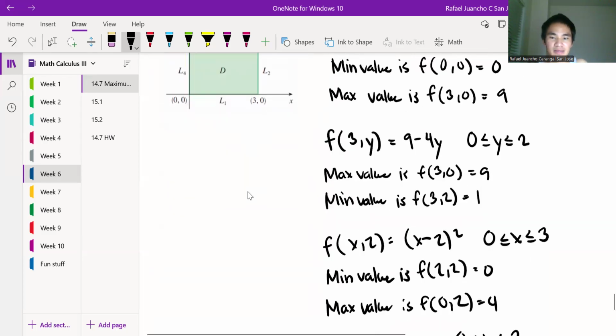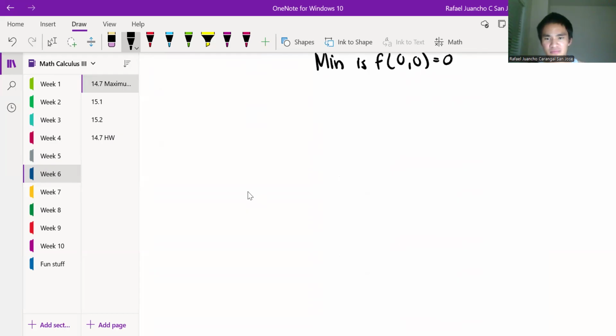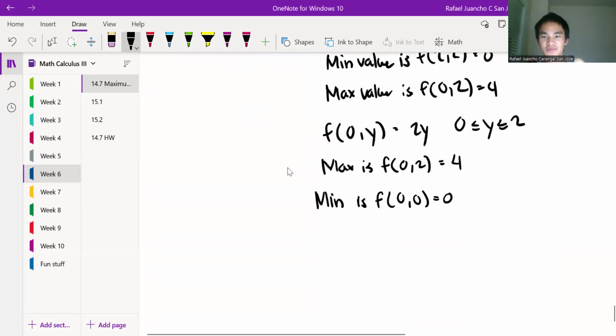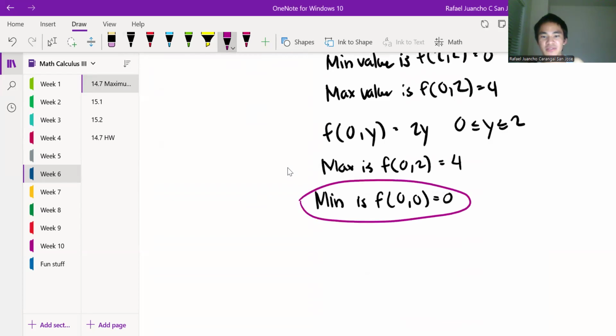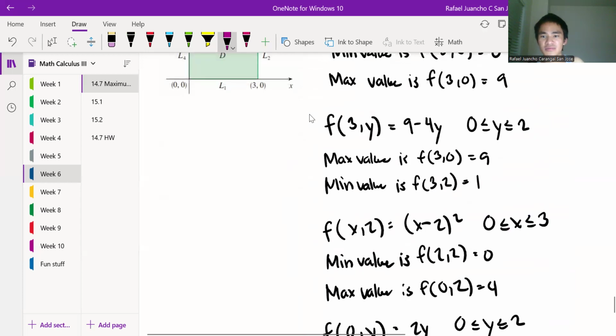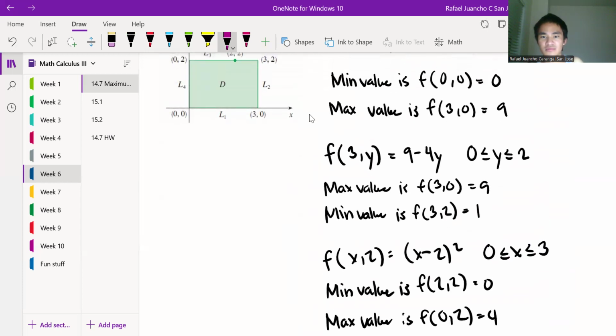Okay, and so from there, which one is the biggest one? The 9. The smallest one is 0. So we say this is the absolute min, and this is the absolute max.